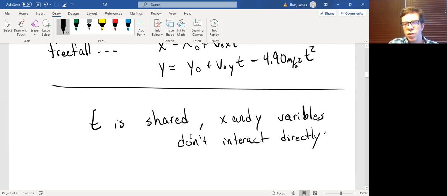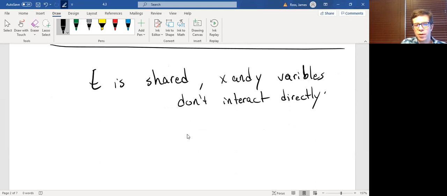What that means is I should never have a kinematic equation that looks like this. I haven't set up enough of the information.